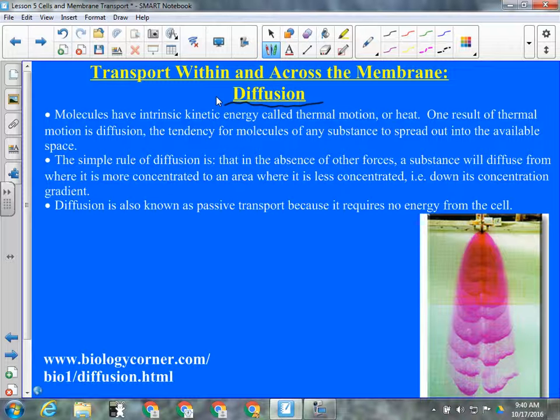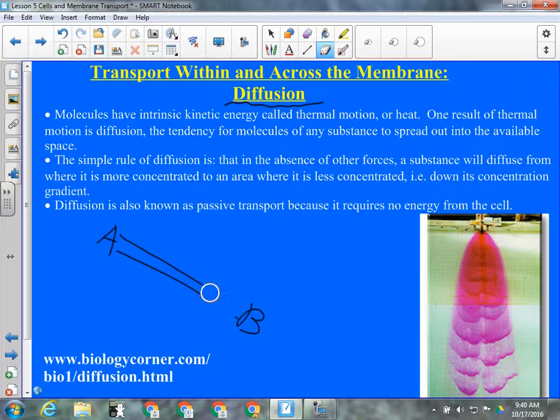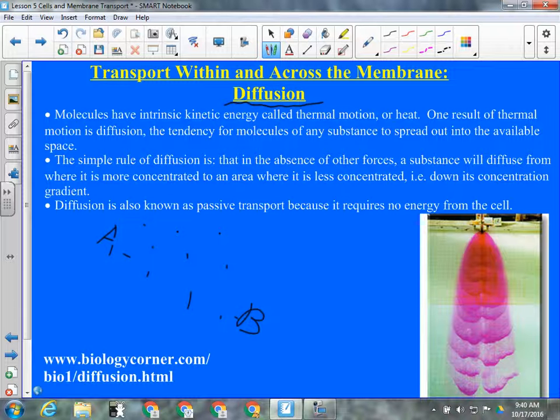And it's not targeted. So if A is where the stuff is being produced and B is where it's needed, there isn't a tight beam of materials moving from A to B. Diffusion doesn't work that way. Diffusion is more like the shotgun approach. The material spreads out of the barrel.